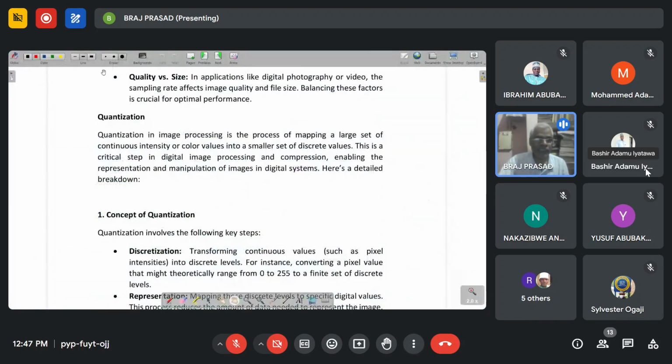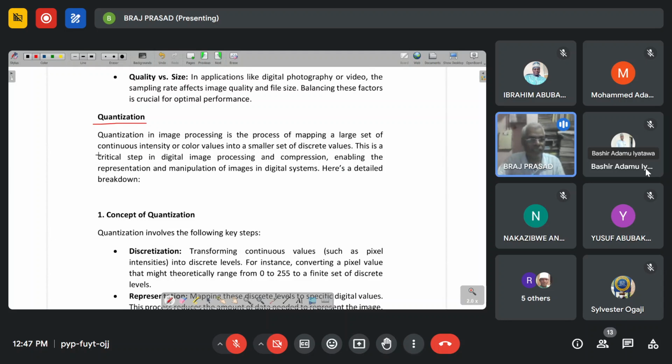Generally there are questions based on sampling and quantization, so you must read carefully about sampling and quantization. Quantization in image processing is the process of mapping a large set of continuous intensity or color values into a smaller set of discrete values.